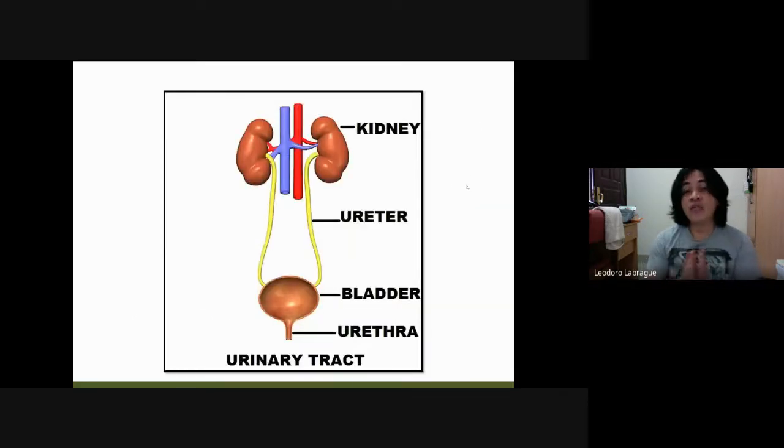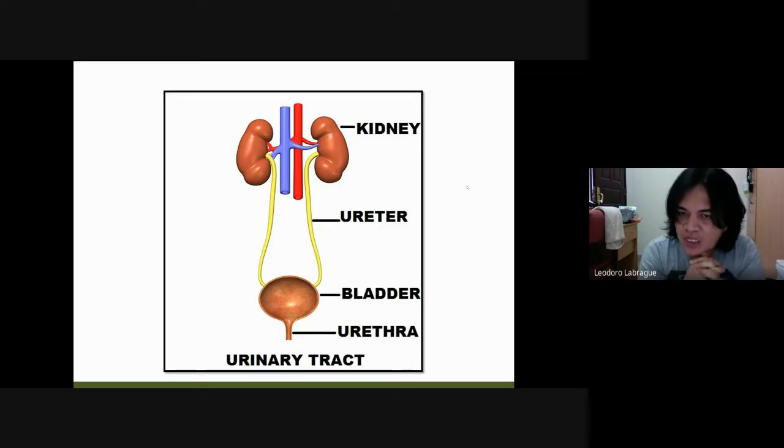Okay, now before we start our discussion on the different conditions related to the urinary system, let us first have some review of the basic parts of the urinary system. Now I want someone, I think you're done already with your anatomy and physiology, who can share to the class some knowledge on the functions of the different parts of the urinary system.